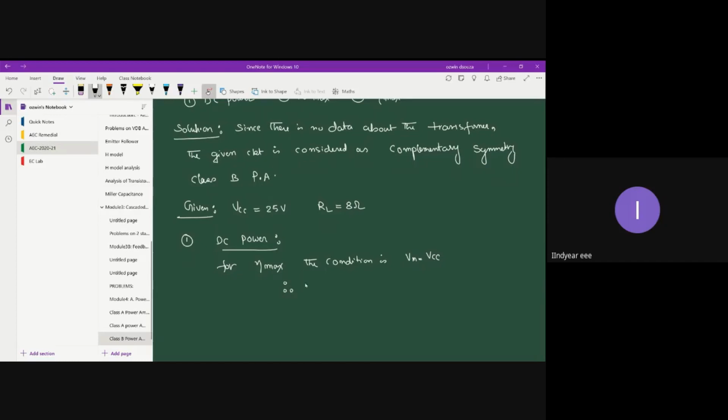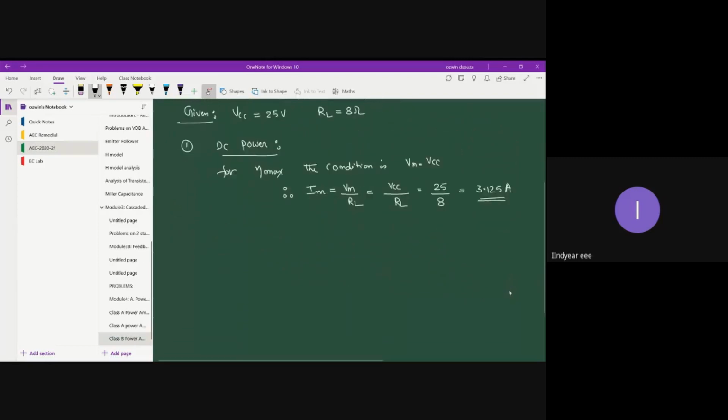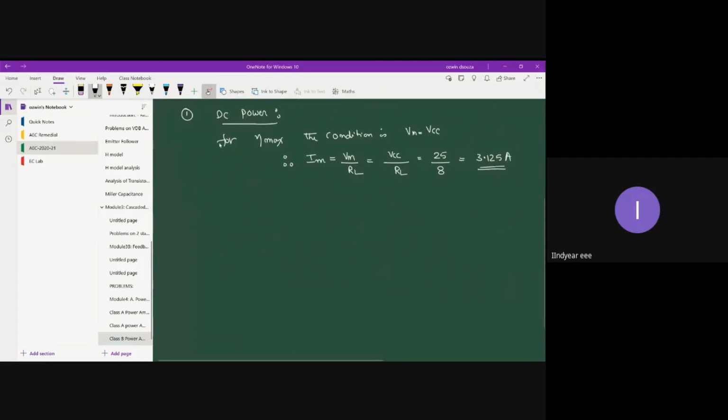Therefore you can find out the maximum value of load current. So Im is equal to Vm divided by R. What is Vm? Vm is equal to VCC, so it is nothing but VCC by RL. So that is equal to VCC is 25 divided by 8. So that gives the current as 3.125 amperes. So that's your Im.